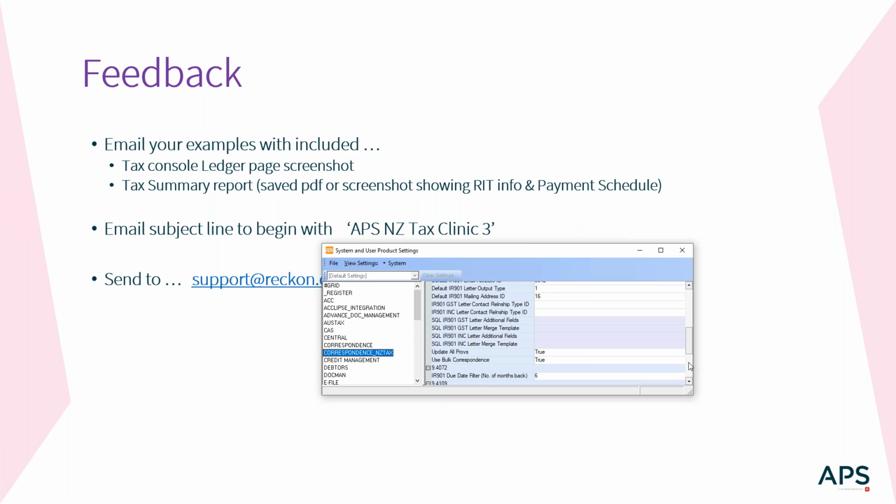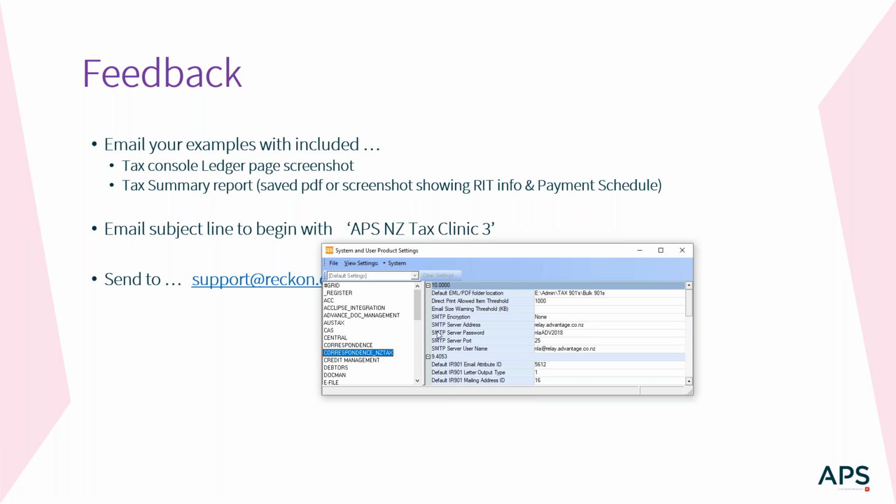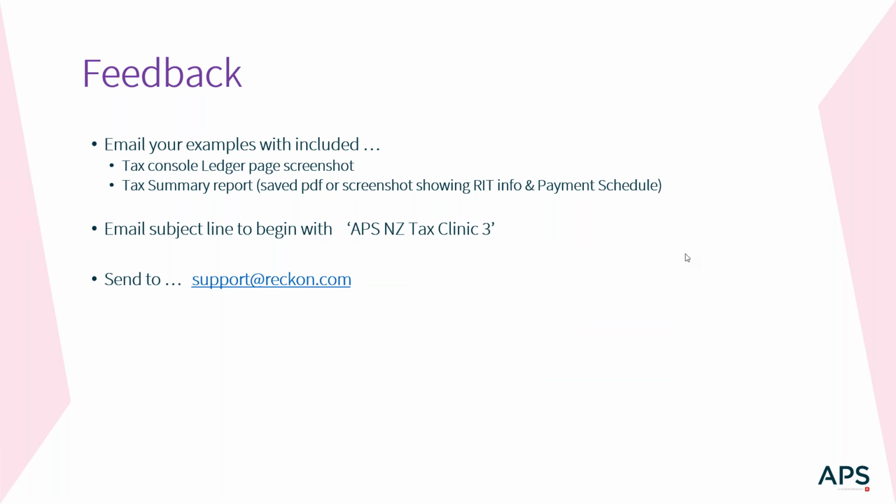And there is a setting, update all provs. That needs to be set to true, and when that's set to true, then that button will appear. That's under the correspondence NZ tax section of the system section of user subs settings.